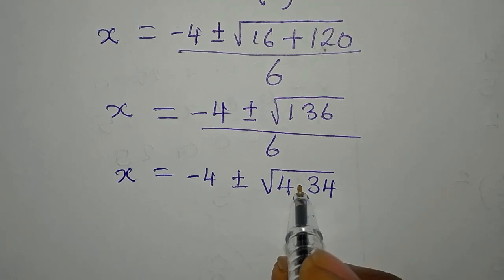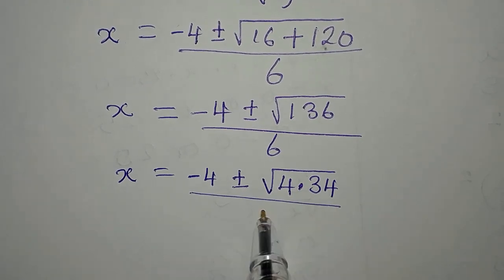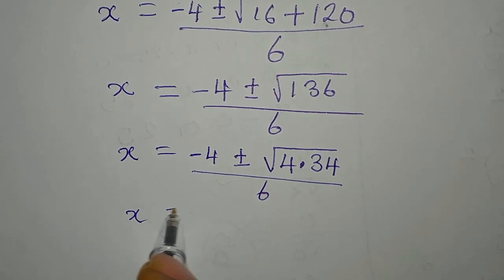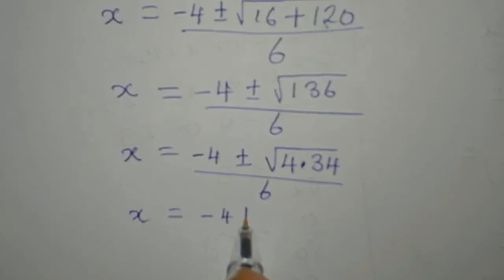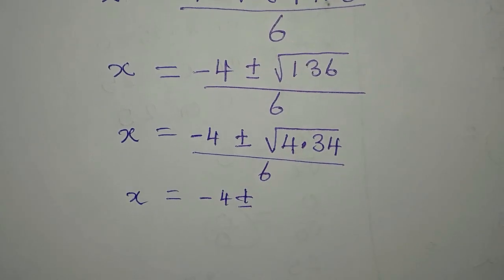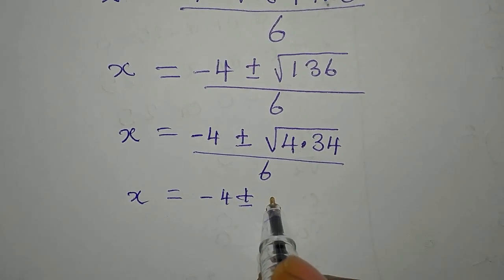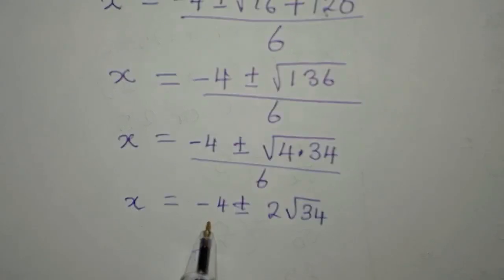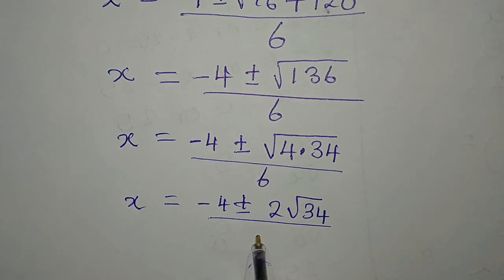So this is multiplication, then we divide this by 6. To continue, then x becomes minus 4 plus or minus square root of 4 is 2, then root 34, and then we divide by 6.